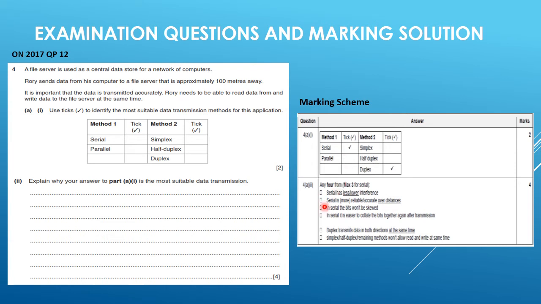Because for longer distances, serial data transmission is considerably beneficial, and serial has lower interference. Serial is more reliable and accurate over large distances, and signals don't intermingle. These are the reasons. And for the duplex transmission, we know that data can be sent and received in both directions simultaneously. So this was the right answer.